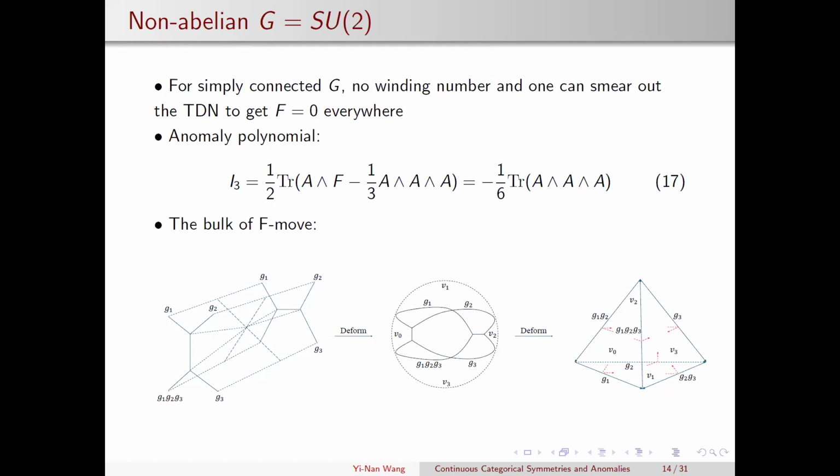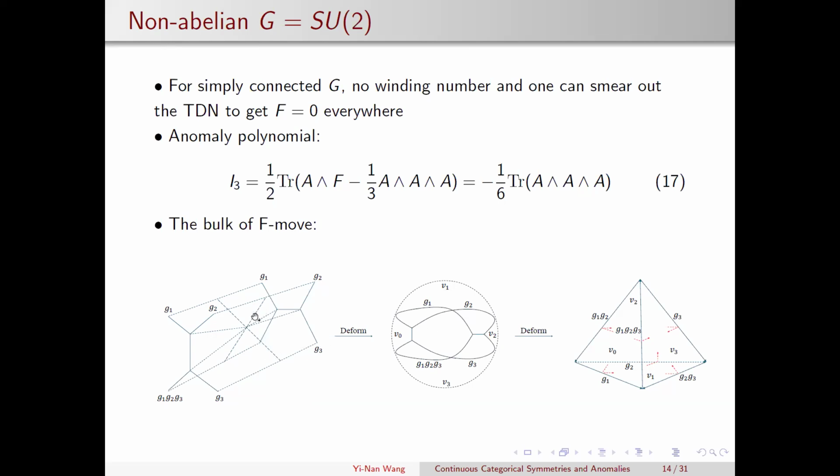To analyze this question more clearly in the geometric picture, we put the TDN before and after the F move on two different slices in the 3D space-time, in the front and also in the back. And we are connecting the TDLs corresponding to the same group elements, say G1, G2, G3, and so on.